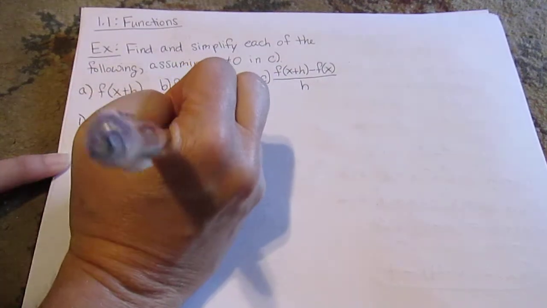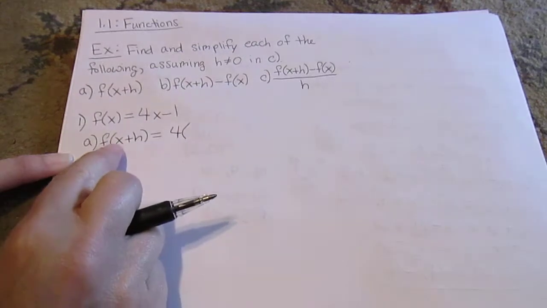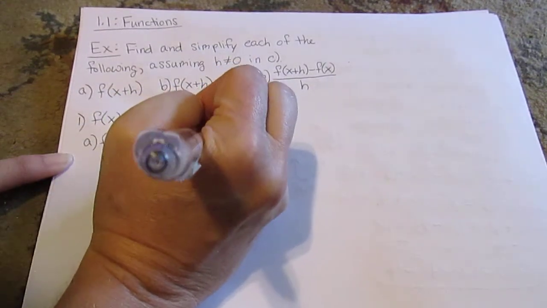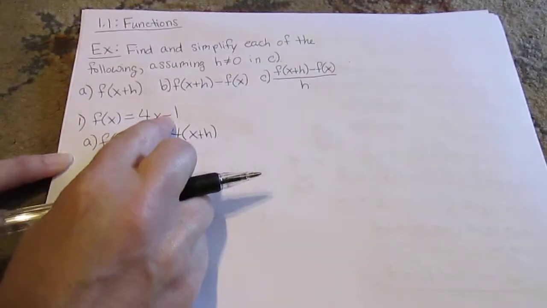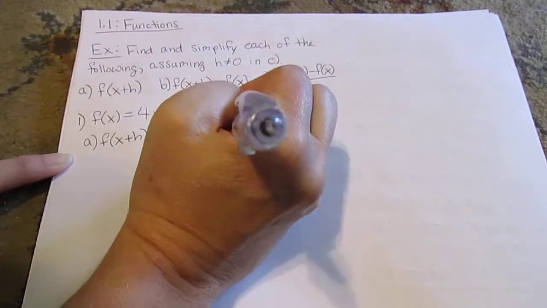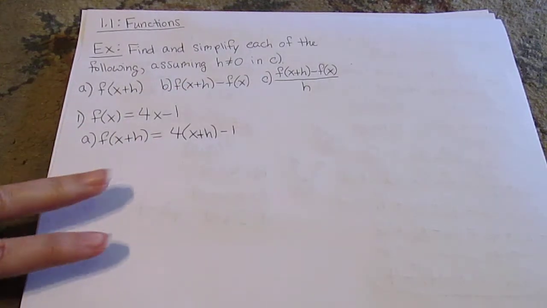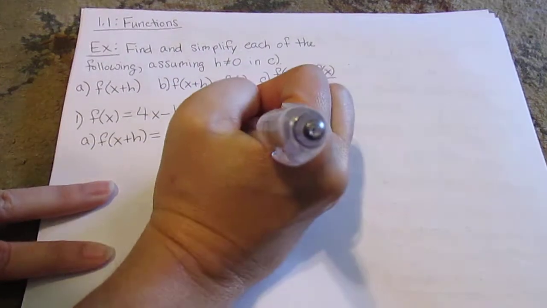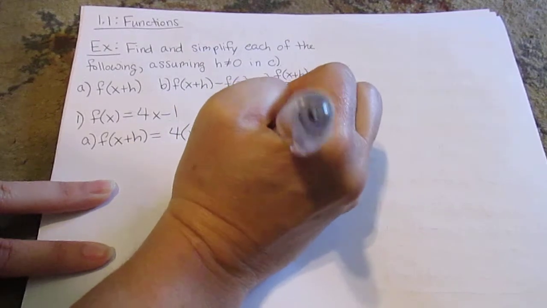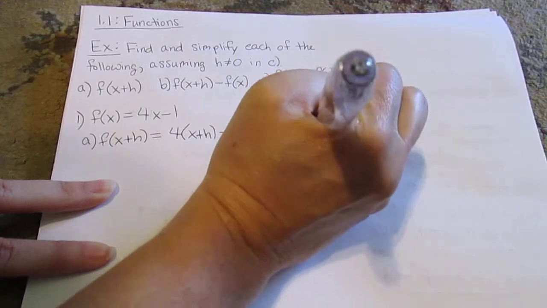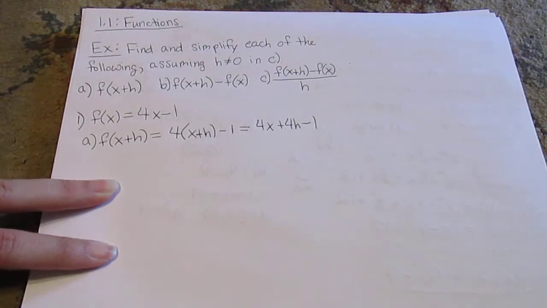So we've got 4 times x plus h in for the x there, and then minus 1, and then just simplify it as much as possible. So we can distribute the 4, and we get 4x plus 4h minus 1. Well, that's as far as we can go.